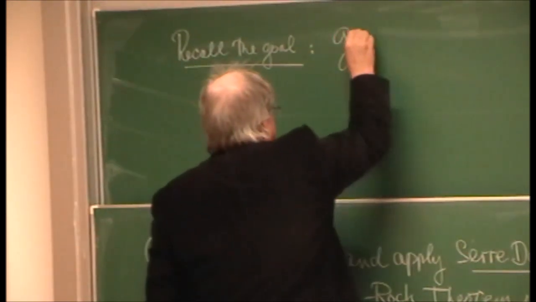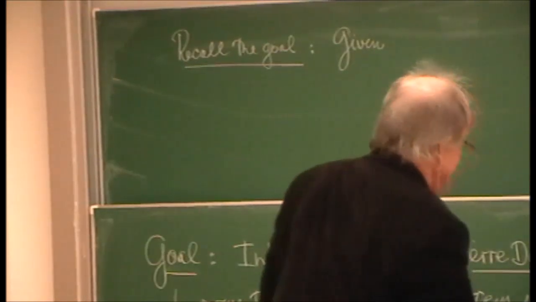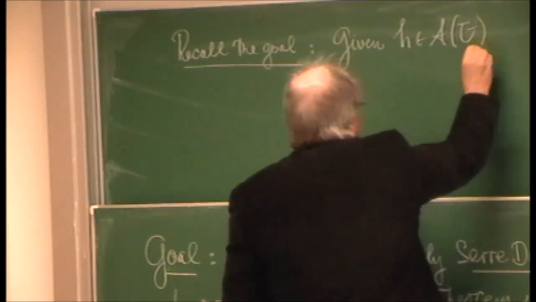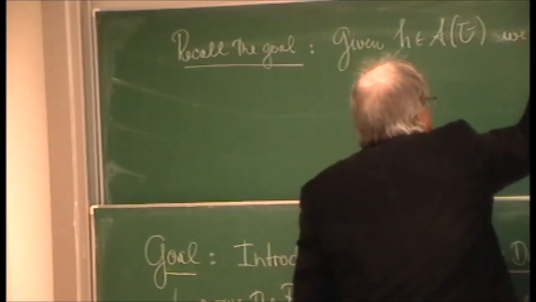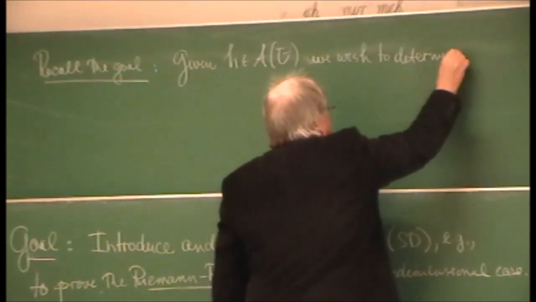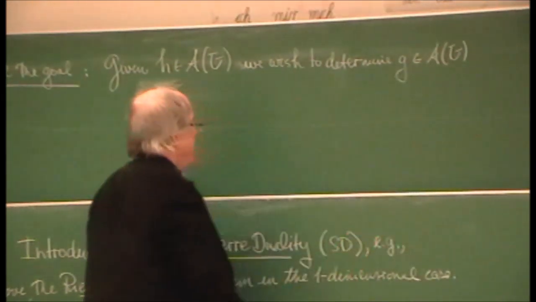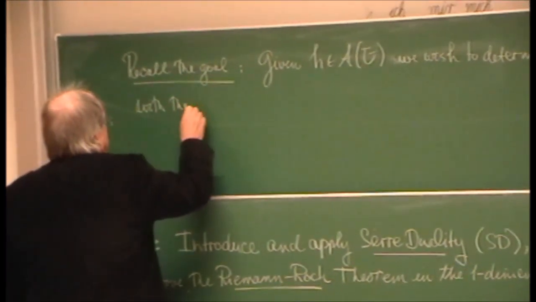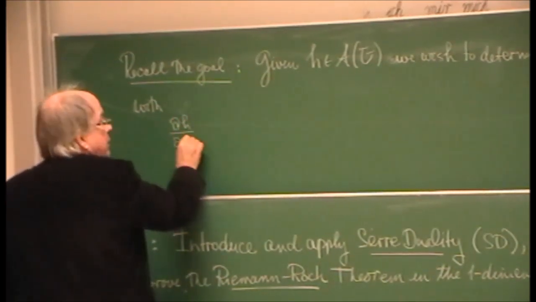Given a function H on some open set, we wish to determine another function G on the same open set with the correct partial derivatives. Partial H. So partial G equals.